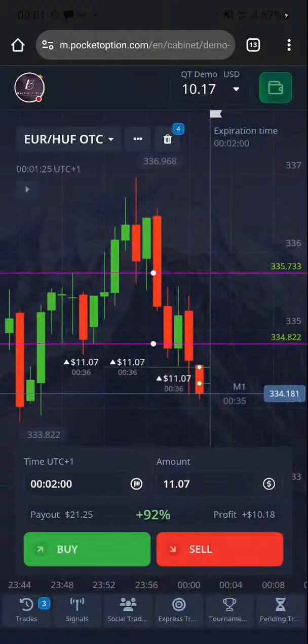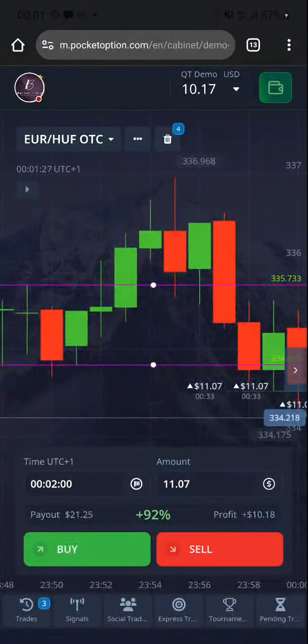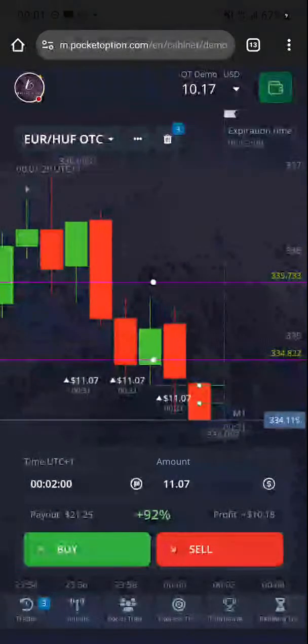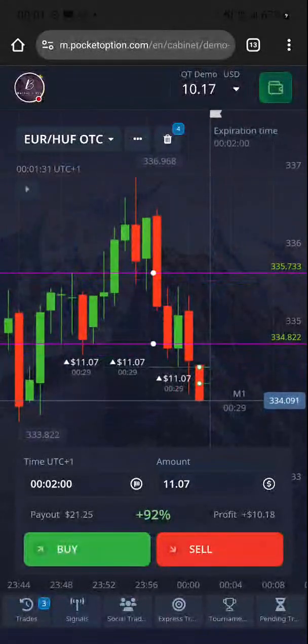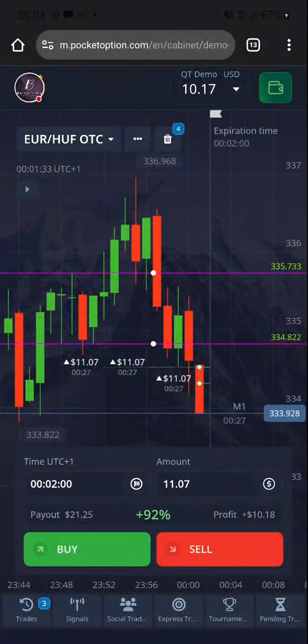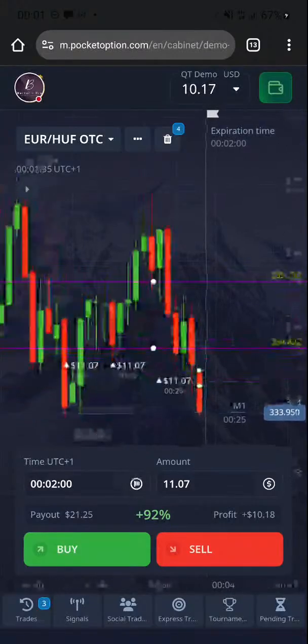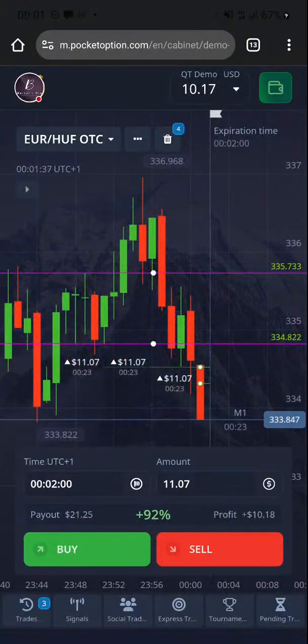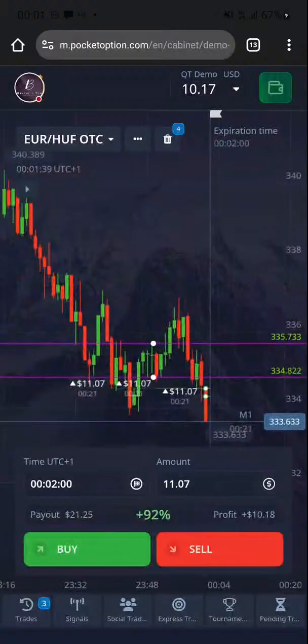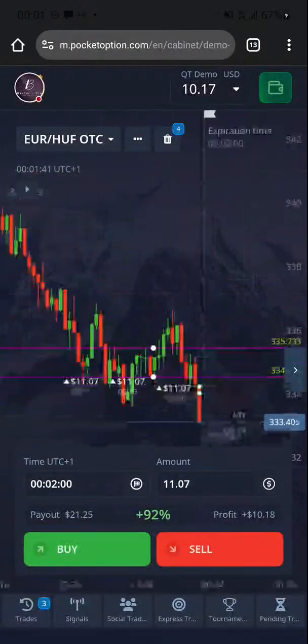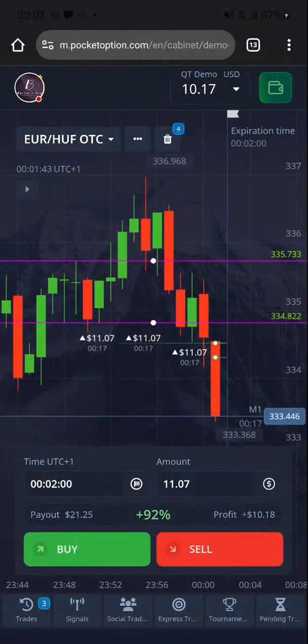Look at this one now. It did not happen here after this break, but because of that we started having this red green pattern. Why is it not? We should have a green candle. Come on, unless they've decided not to retrace.